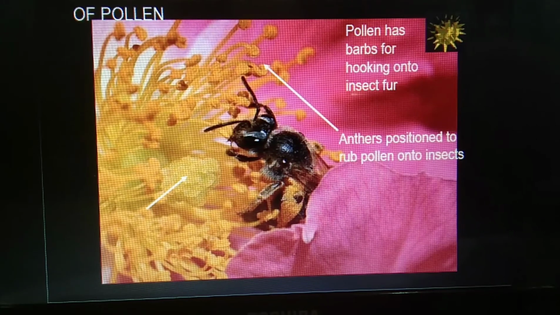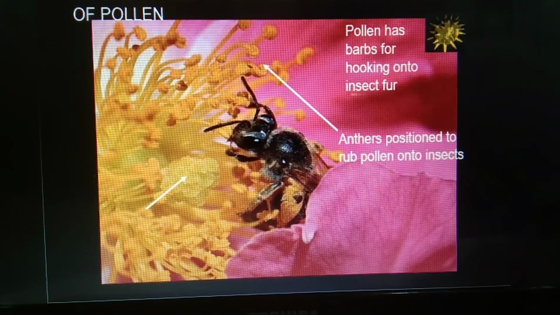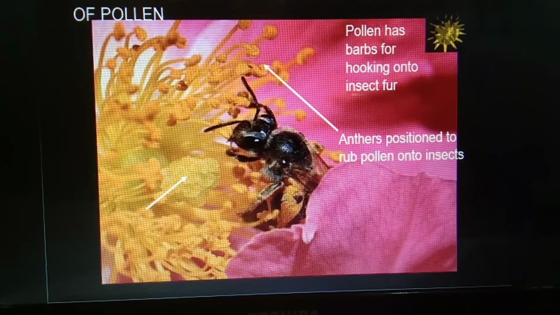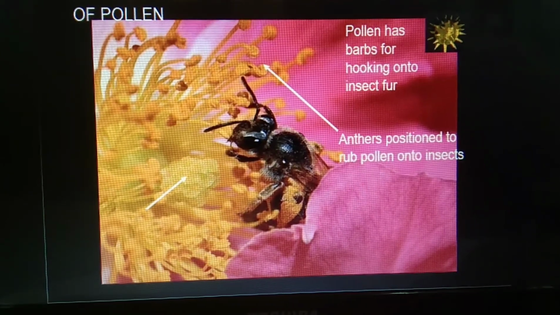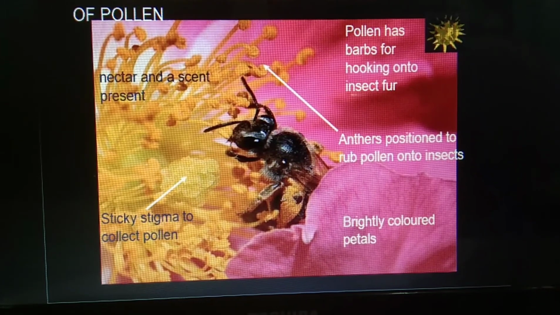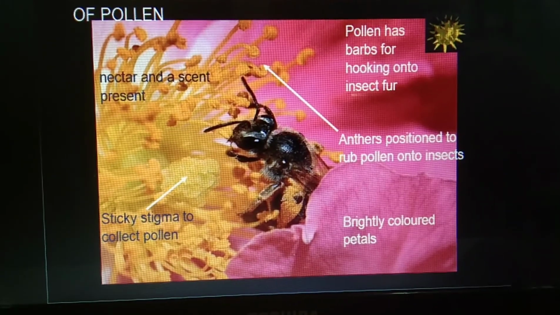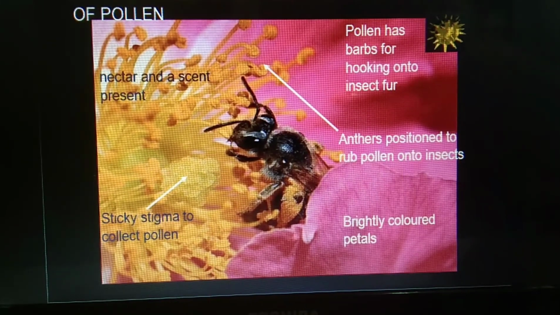Pollen has barbs for hooking onto insects' fur. They are like barbed wires. Anthers are positioned to rub pollens onto insects. The brightly colored petals attract the insects, and nectar and a scent are present too. The sticky stigma is present to collect pollens.